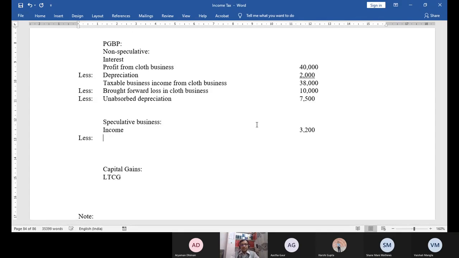Less brought forward speculation loss. Maximum 3,200, because I know that speculation loss can only be adjusted against speculative profit.